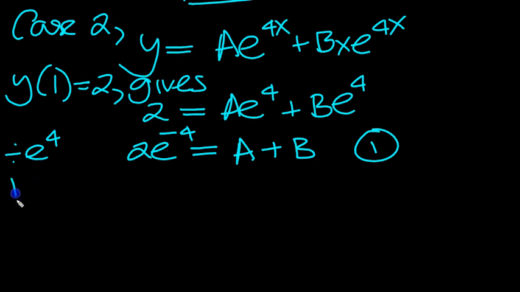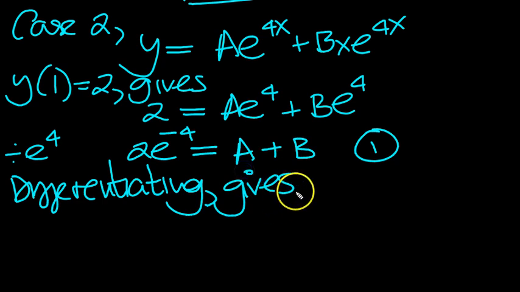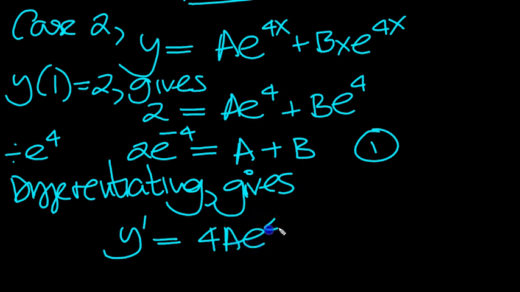Now let's differentiate our equation to get y dashed. Y dashed here is equal to, function of a function: e to the something differentiates to e to the something multiplied by the something differentiated. So a 4 effectively comes down, 4a e to the 4x.